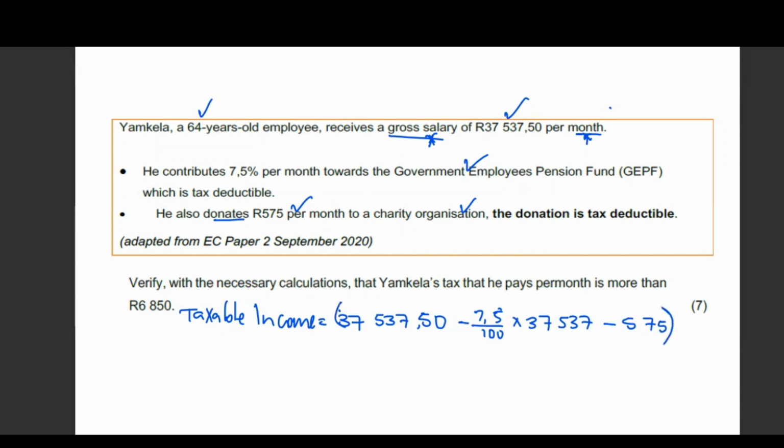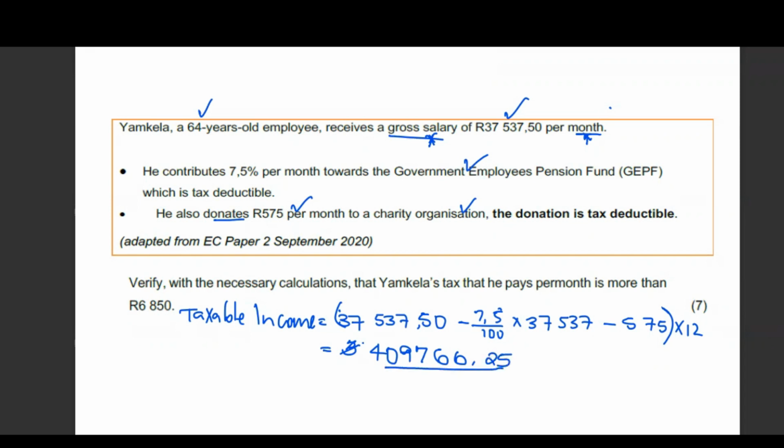Everything will be multiplied by 12. Why by 12? We need annual taxable income. All right? Annual taxable income. So the annual taxable income becomes 409,766 rands, 25 cents.